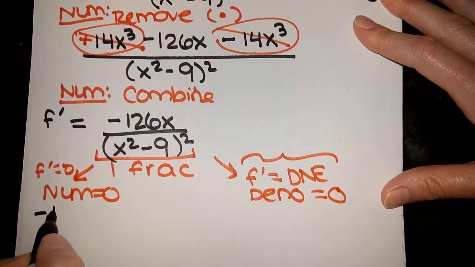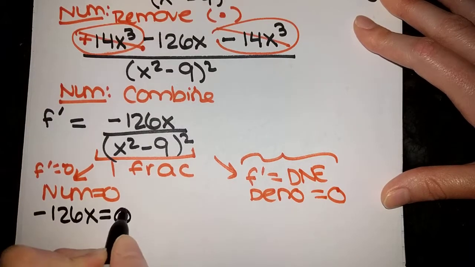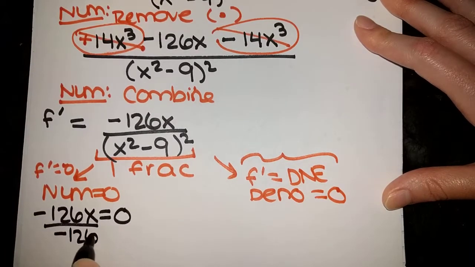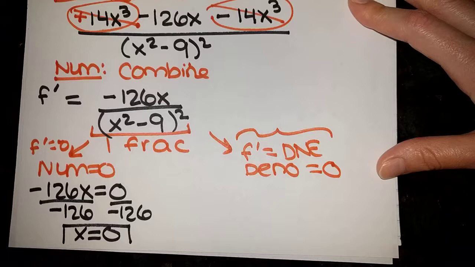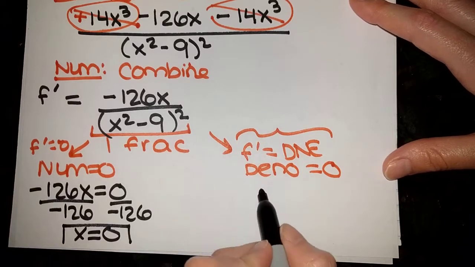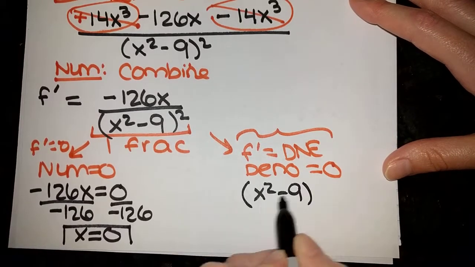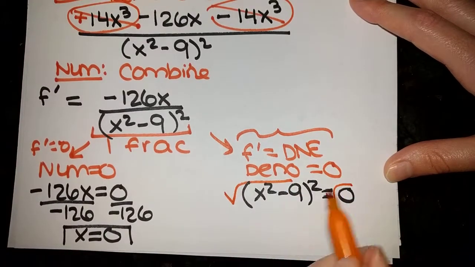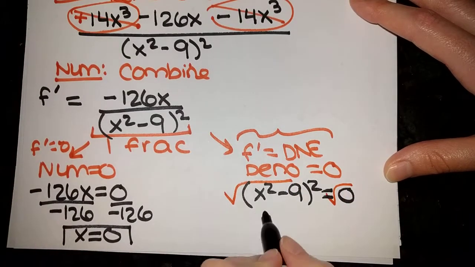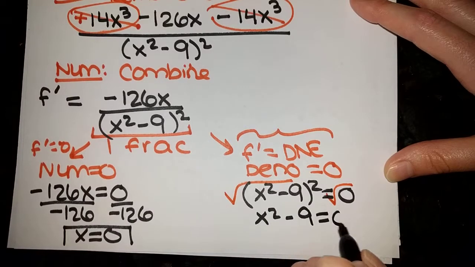All right, so I set the negative 126x equal to 0, and then divide by negative 126, and that gives us x is equal to 0 as a point to test to the left and to the right. Over here with this x squared minus 9 quantity squared, set that equal to 0, and then I take the square root of both sides, so I get x squared minus 9 is equal to 0.